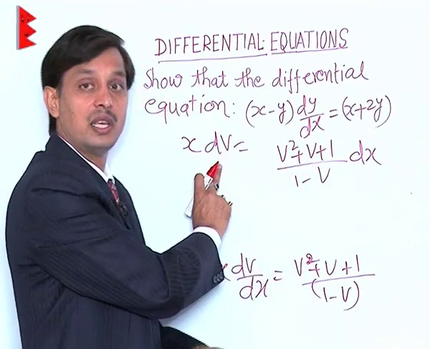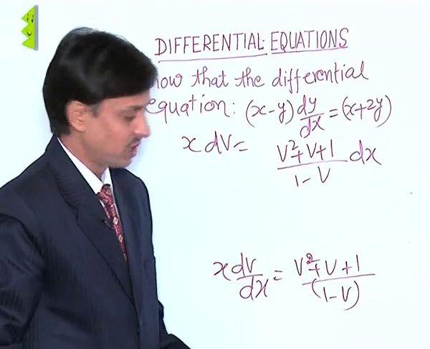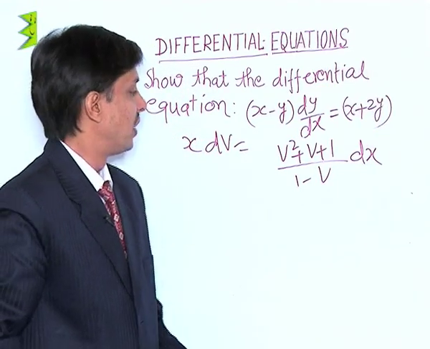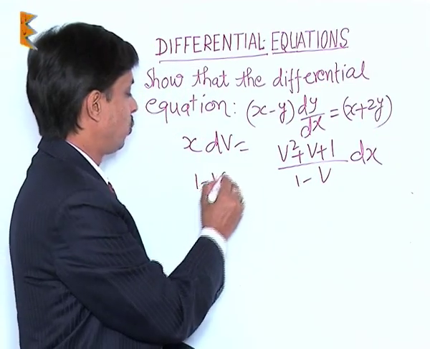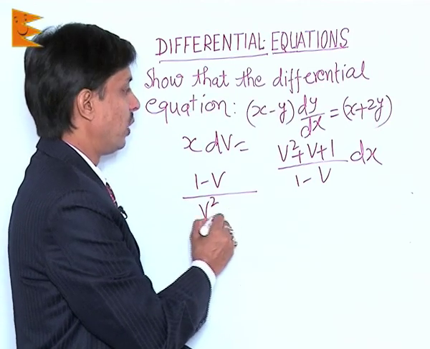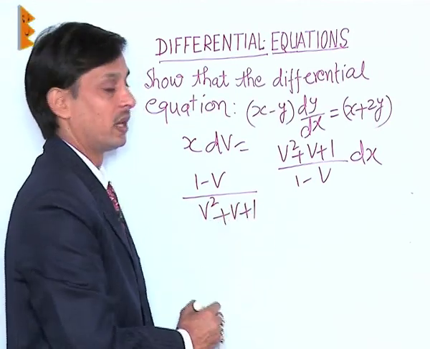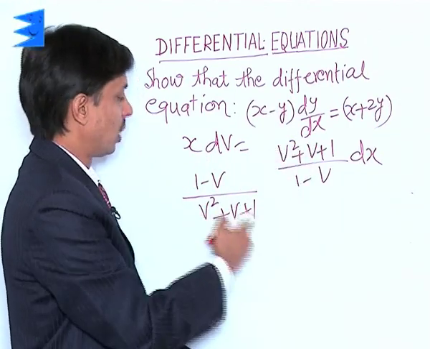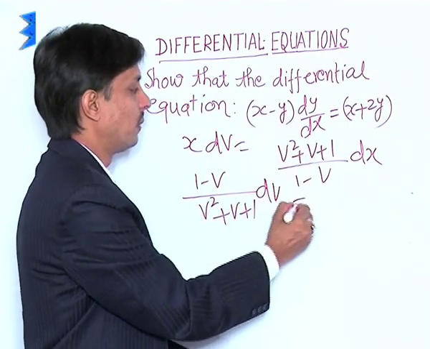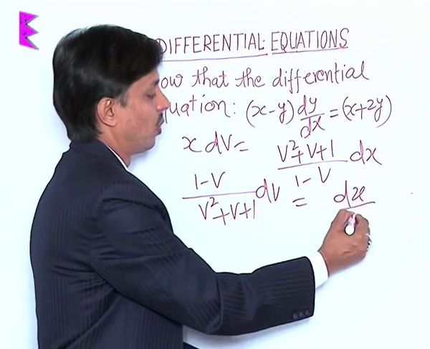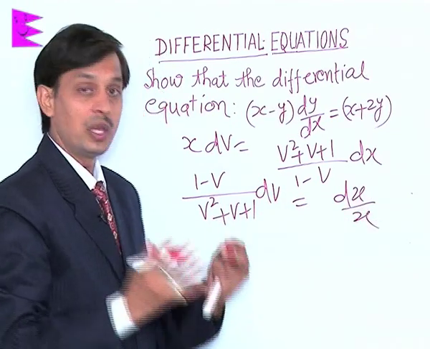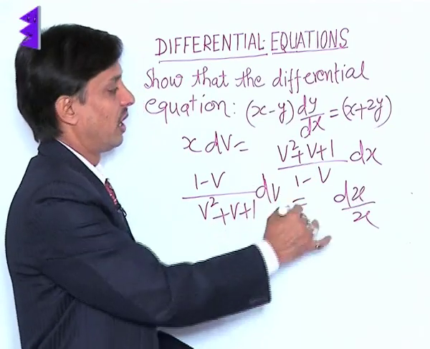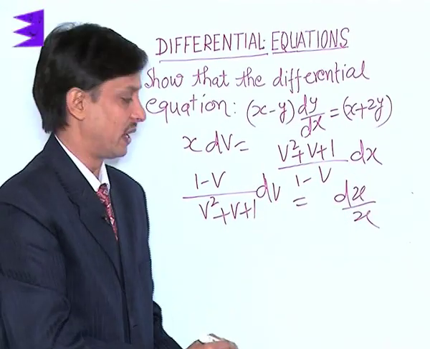What we will notice is the form of the equation to solve: (1 minus v) upon (v square plus v plus 1) times dv is equal to dx upon x. Because we need to separate the terms containing v with dv and the terms containing x with dx.